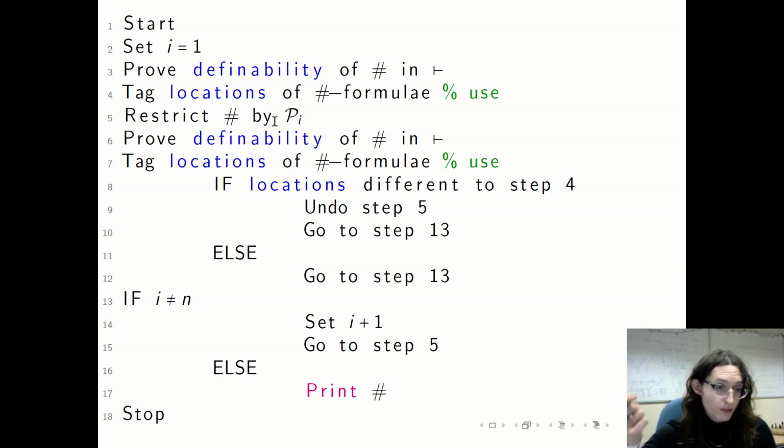We restrict the proof rule according to that parameter, we add it to the minimal derivability relation, we prove definability, we tag the locations of hash formulae, and we evaluate. If the locations are different, we undo the restriction, because we're not concerned with a change of meaning, we only care about those restricted connectives that retain the meaning, and then we just continue to the next parameter and we go through it until we've exhausted our list of rule parameters.